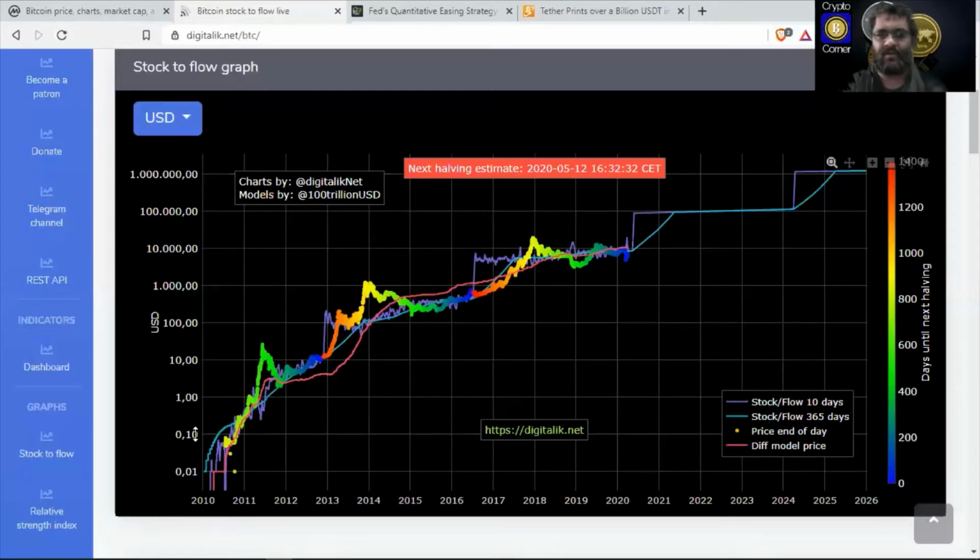less than a penny, 10 cents, and by 2011 it began to hit the dollar range. It hit $10 sometime near the middle of 2011. Started seeing $100 around 2013.